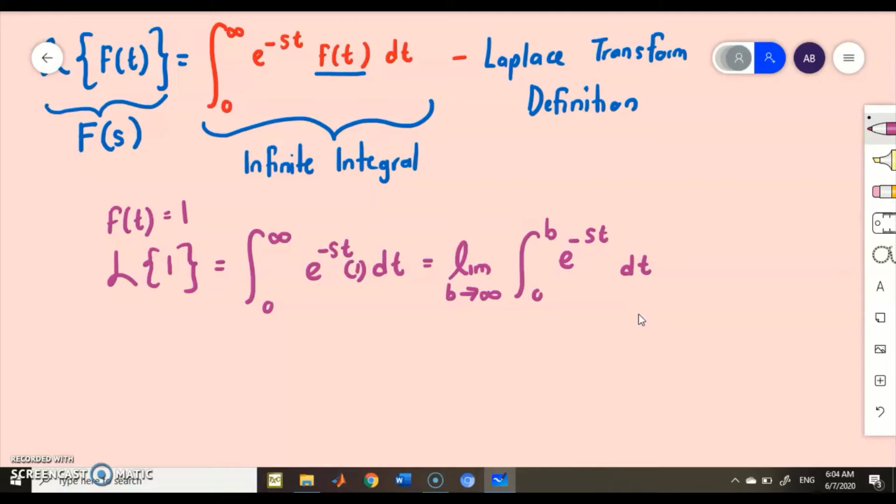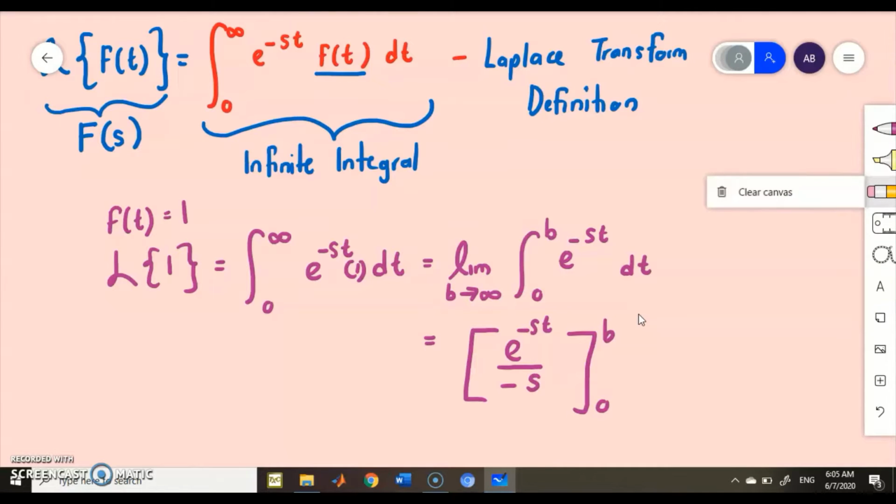Integrating the exponential will give you e to the negative st over negative s. Write it on the bottom with limits 0 to b, and don't forget your limit, b approaching infinity.